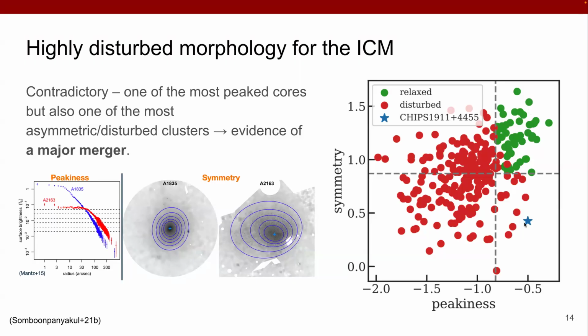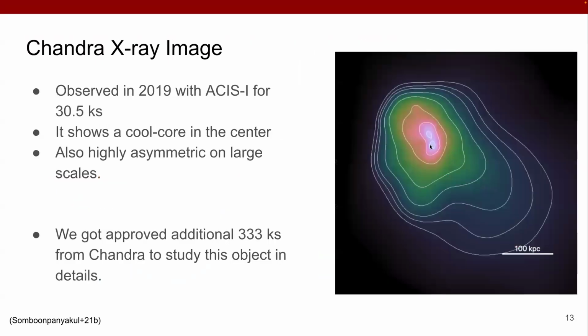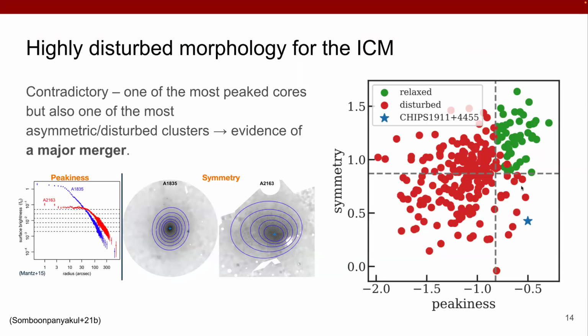But our galaxy cluster has pretty much the same peakiness as a typical relaxed cluster, because this part here is also very dense, but it's not symmetric at all. It's actually one of the least symmetric objects we can find compared to the giant population up here. So that means, just like I said, because of this asymmetry or disturbed cluster, we think what's happening is a major merger event.